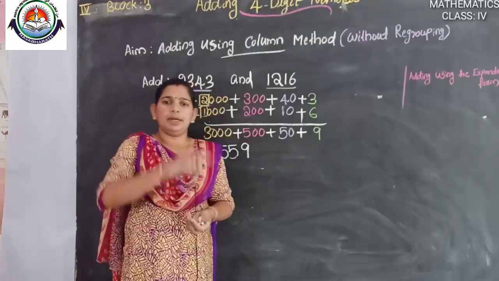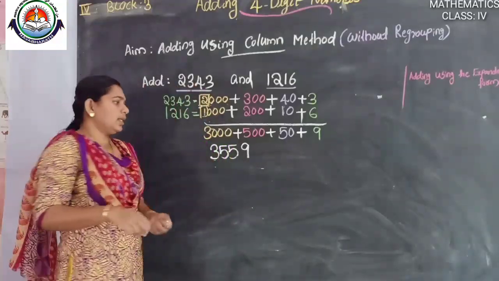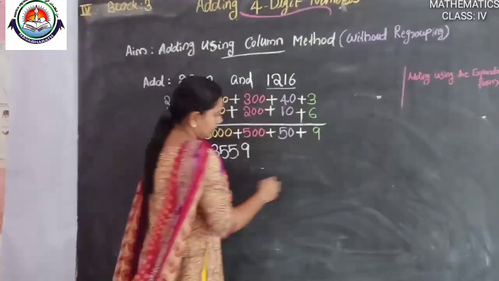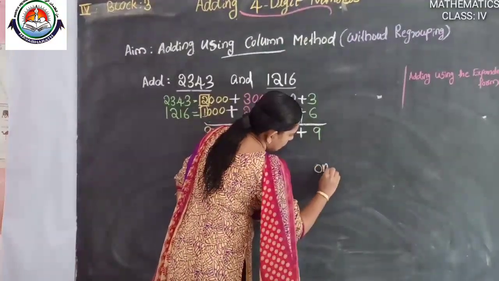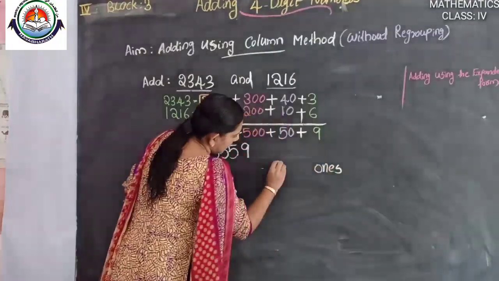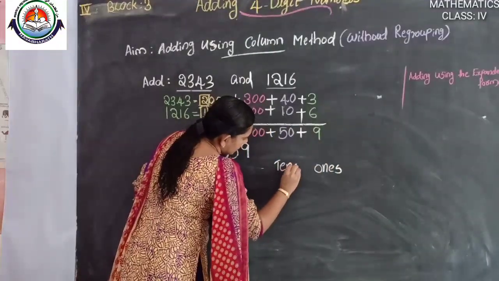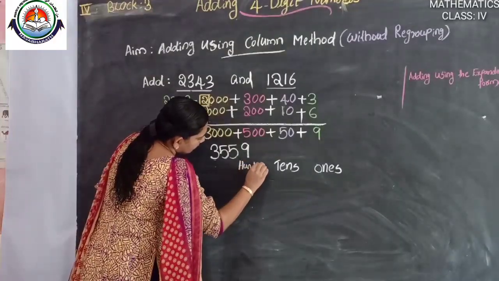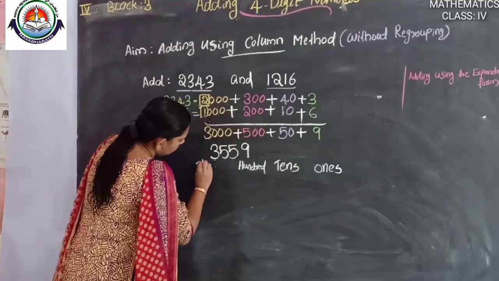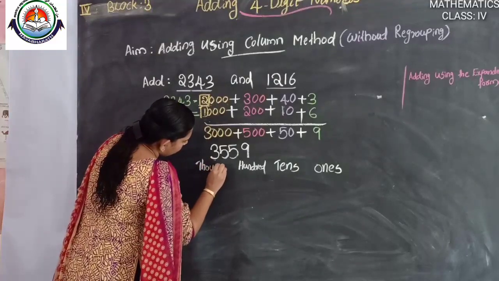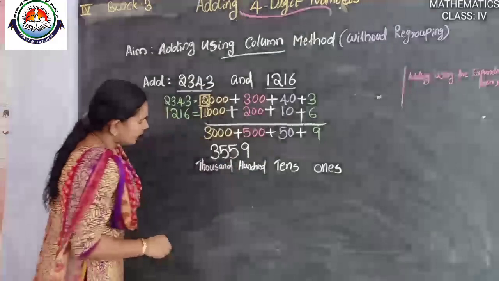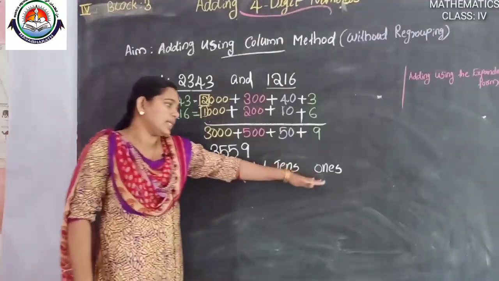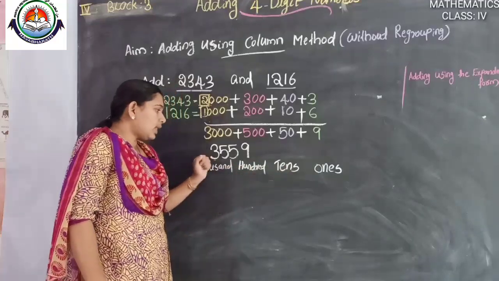Then on the old paper, the papers you took, you write ones, tens, 100, 1000.